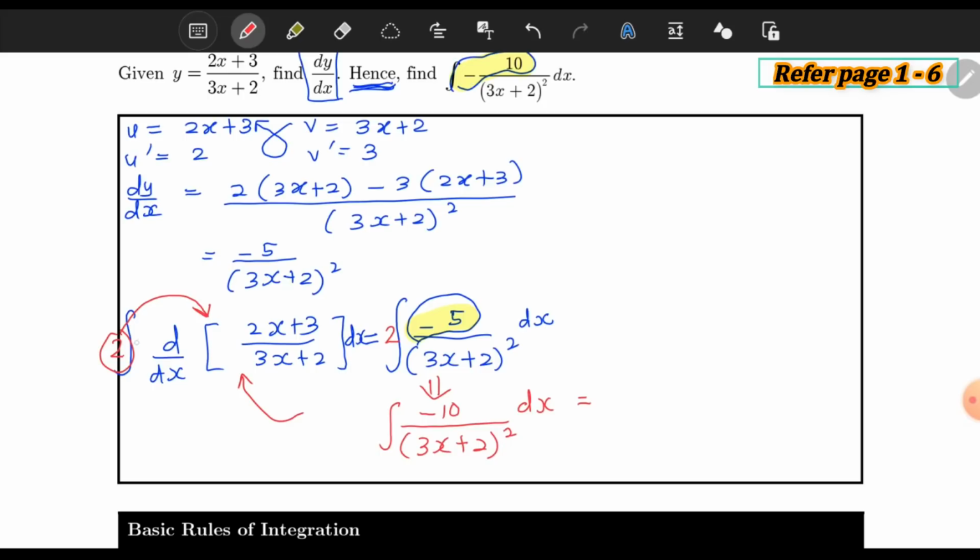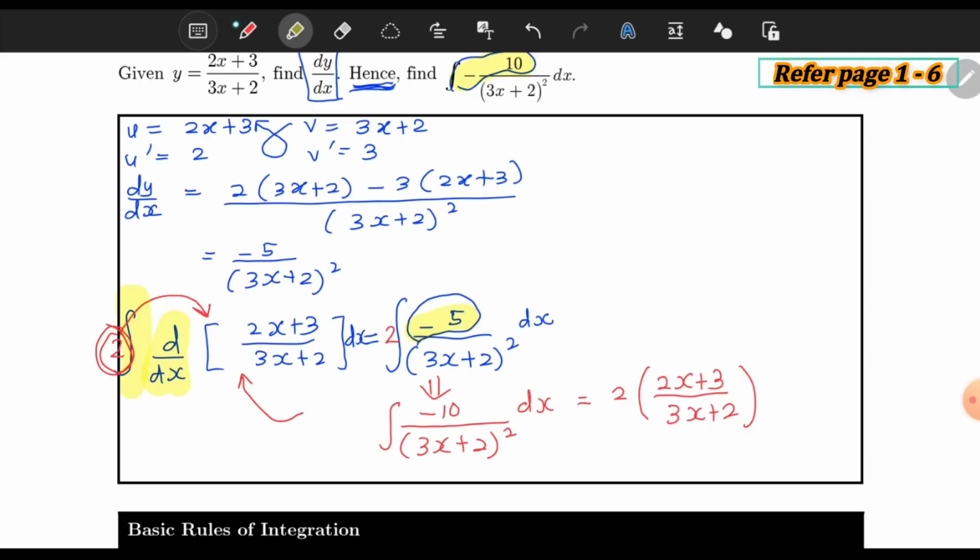So we integrate something that we differentiate, meaning that we will get the original function. So, don't forget we have 2 here. So the answer will be 2 times (2x plus 3) divided by (3x plus 2). We get the original function because we have the integral sign here, and then we have the derivative of the function. Integrate, differentiate, it will go back to the original.